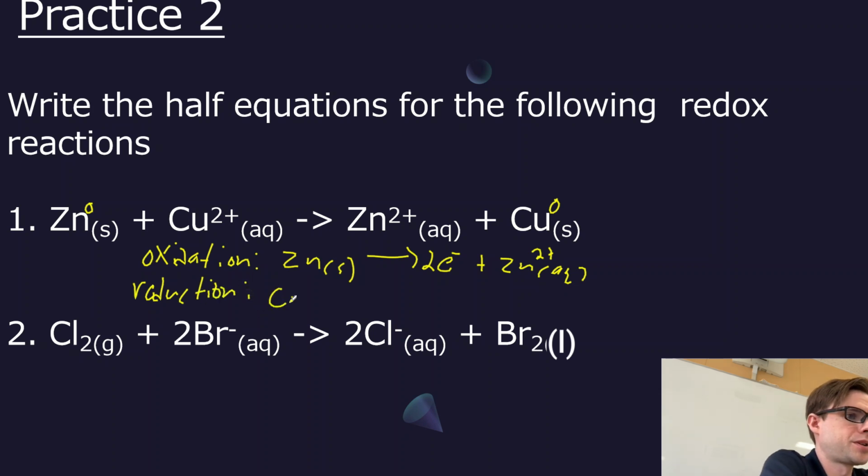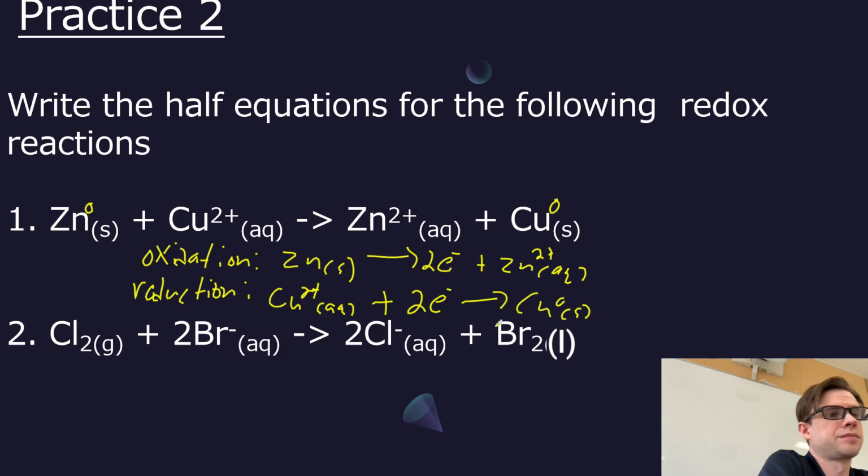So this must be copper 2+ aqueous getting some electrons, plus 2e-, goes to copper 0 solid. You don't have to write that 0 if you don't want.